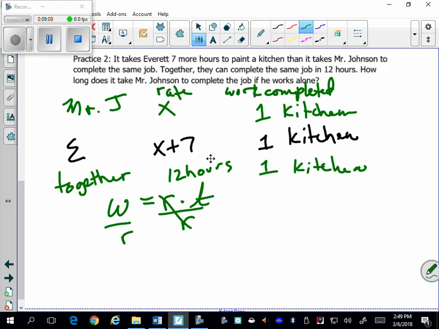So Mr. J, he's going to work. So we do work divided by rate equals time. So the work is 1, that's work completed, 1 kitchen, over the rate, x. And that equals time. In Everett's case, he's doing 1 kitchen, but he's got x plus 7, and that'll be equal to time.